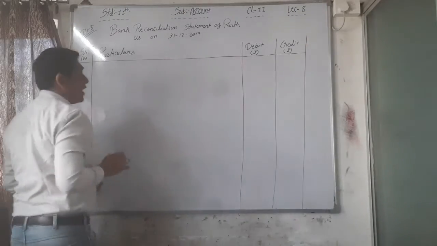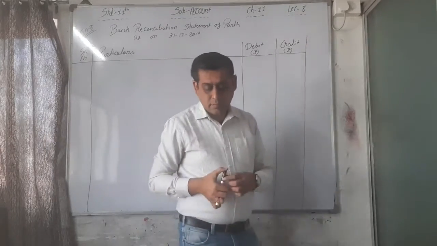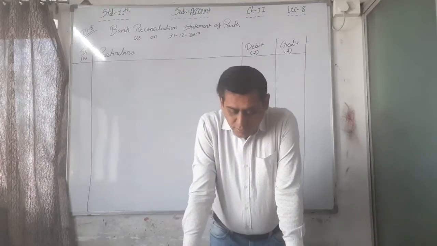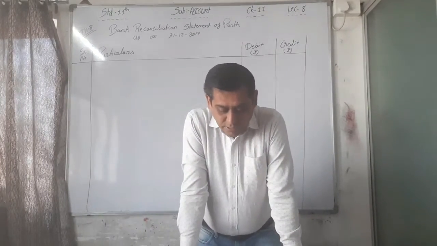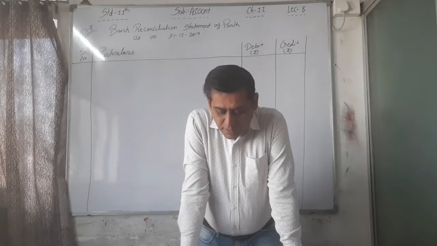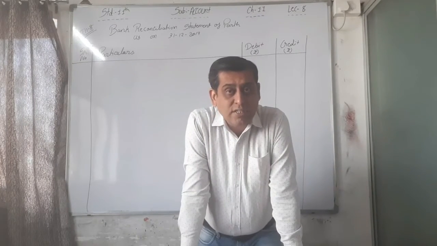Now see what is the starting point of the sum. First, the starting point of the sum is not given here. Check of rupees 30,000 is deposited but not credited by bank. The situation is directly given.